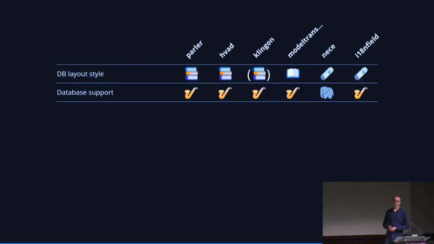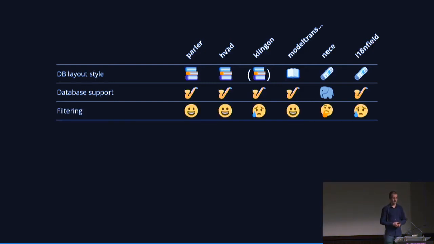I haven't gone into filtering the data, so Parler and Vinaigrette include proper and explicit support for filtering based on the contents of the translated field, and they provide you with the required joins to do that.